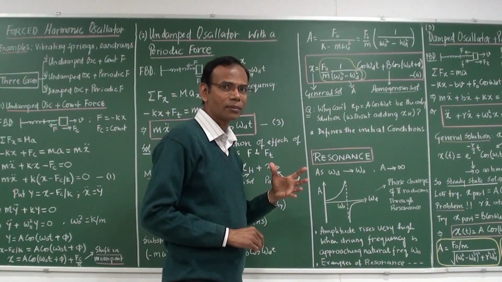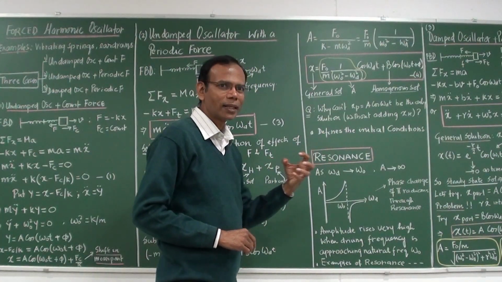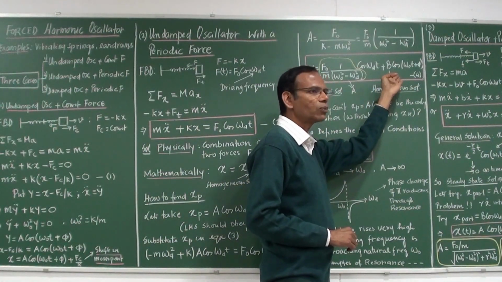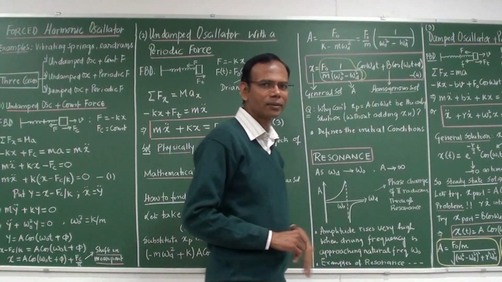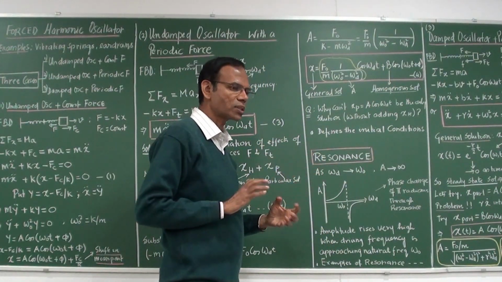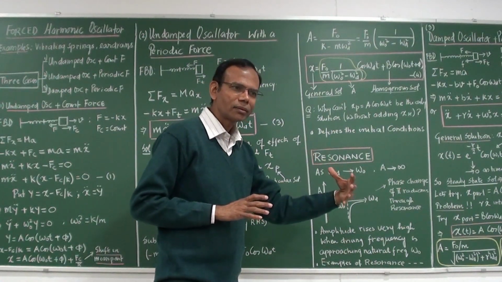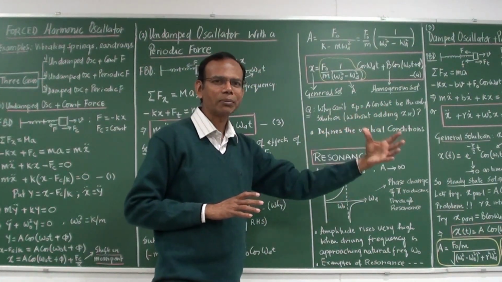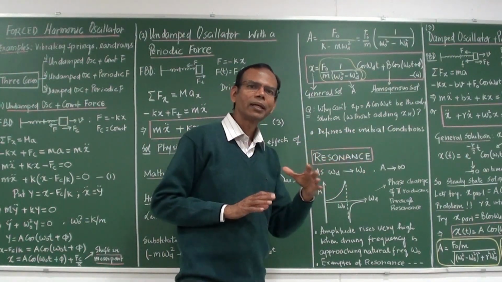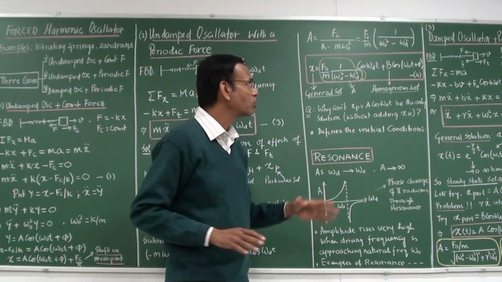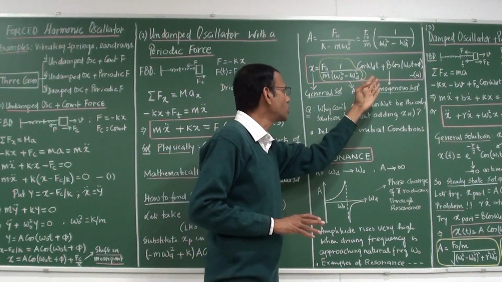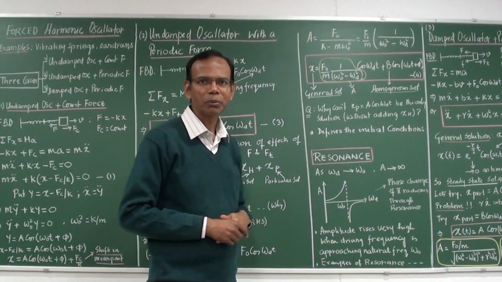Because there is a damping force, and that damping force finally will cancel this effect, and we are interested in what the effect is after a long time t, when it is steady. So there we are not concerned about the initial conditions at all, but here we are concerned about the initial conditions, and that is why inclusion of the homogeneous solution is very important.